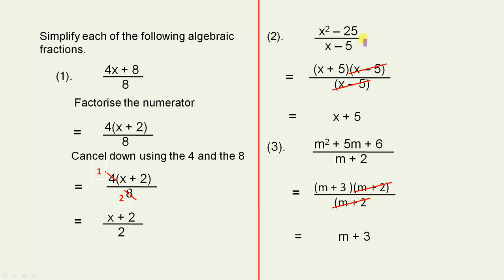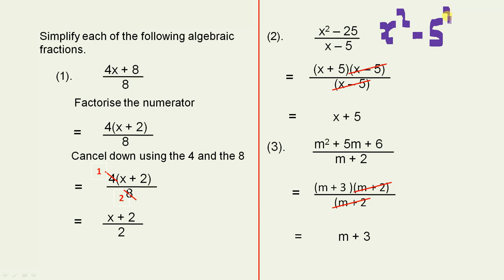Example 2, x squared minus 25 over x minus 5. Now x squared minus 25 is the difference of two squares. So the actual top line, if you look carefully, is actually x squared minus 5 squared.